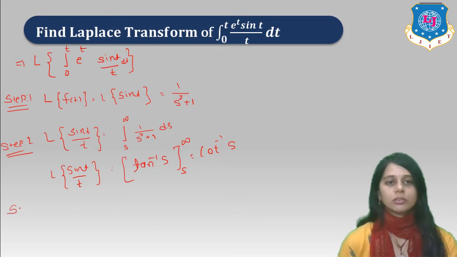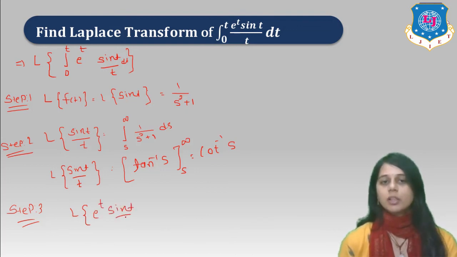Step 3. Find Laplace of e raised to t sin t by t. So cot inverse, s changes to s minus 1. So the answer is cot inverse of s minus 1.